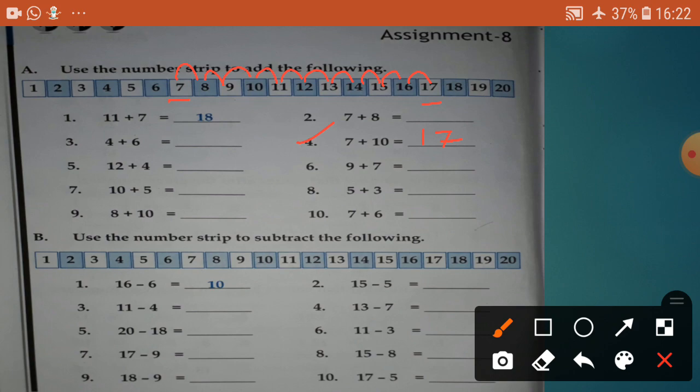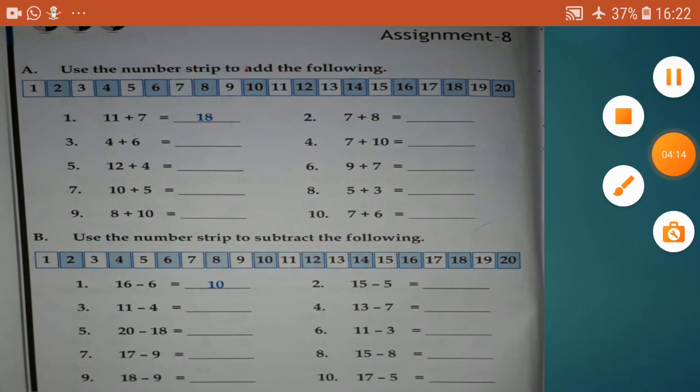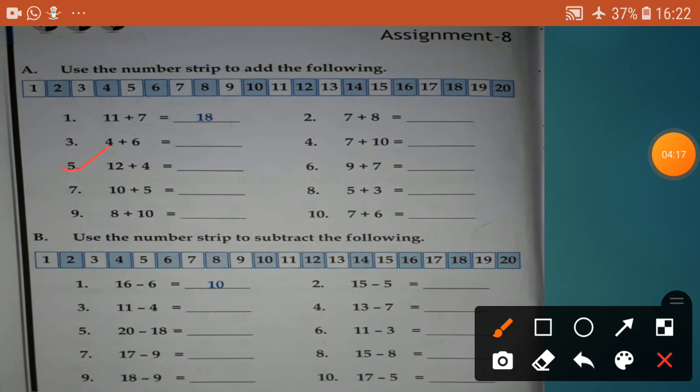So next question, see here, number 5: 12 plus 4. Use the number strip to add the following. How do we use it?